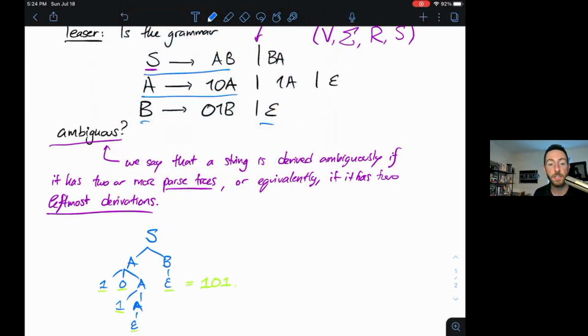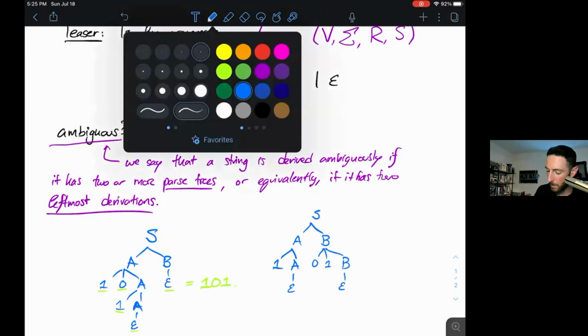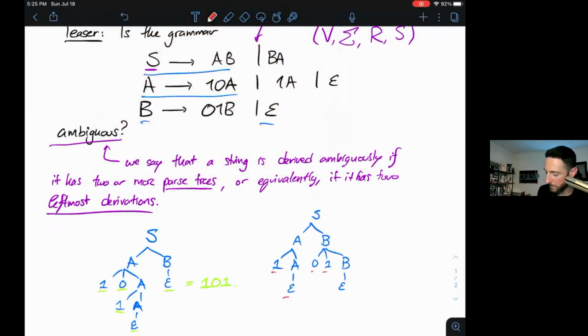The reason I picked this parse tree is that it derives the string 1, 0, 1, which can actually be derived separately via a different parse tree. If I do another parse tree, starting with S, again splitting to AB, but then using the substitution rules A to 1A and B to 01B, then A and B to empty string, what I get, reading off the leaves in order, is 1, empty string, 0, 1, empty string, which is 1, 0, 1.